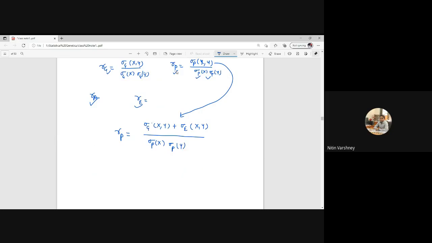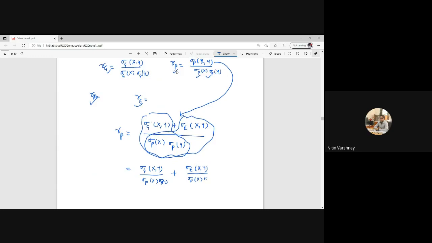Okay. Now if I bifurcate this, like this: sigma g x comma y upon sigma p x sigma p y, we will take this portion for one, and again the same portion for this, plus sigma e x comma y upon sigma p x sigma p y.